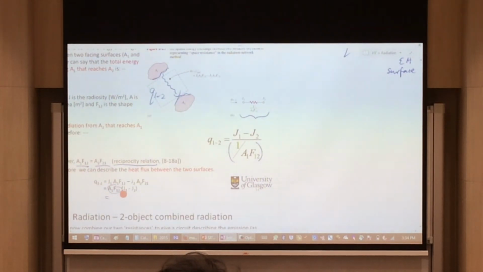So this is equal to J1 minus J2 divided by 1 over A1F12. This part is what we call the space resistance.